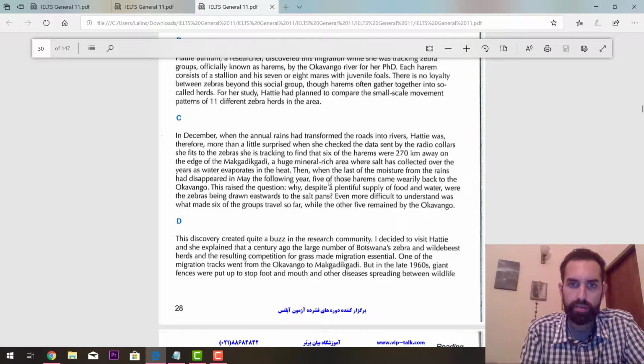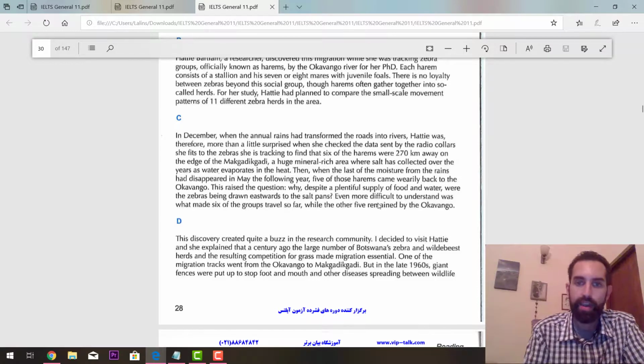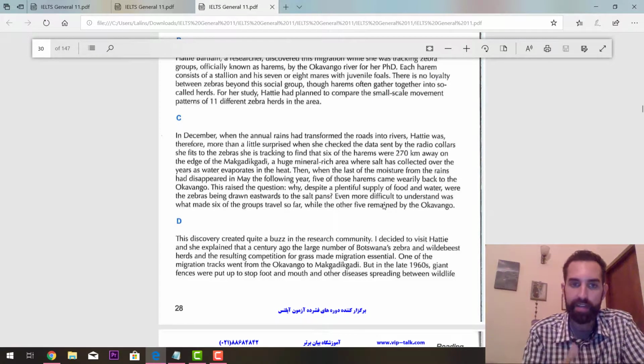This raised the question. Okay, yeah, because it's confusing. It's because of this raised the question, why, despite a plentiful supply of food and water, were the zebras being drawn eastwards to the salt pans? Even more difficult to understand was what made 6 of the groups travel so far. Yeah, it's saying what's difficult to understand, raising questions, that's confusing information.